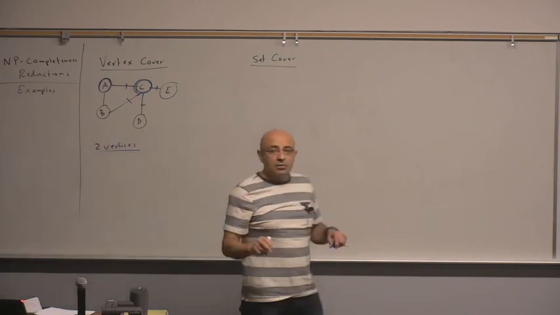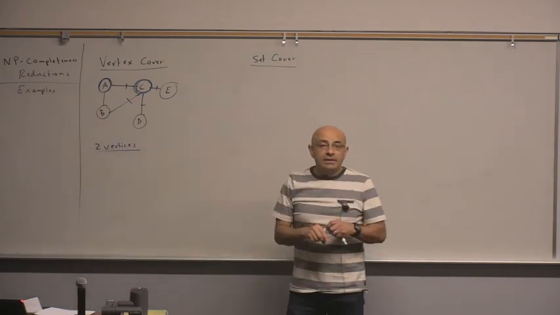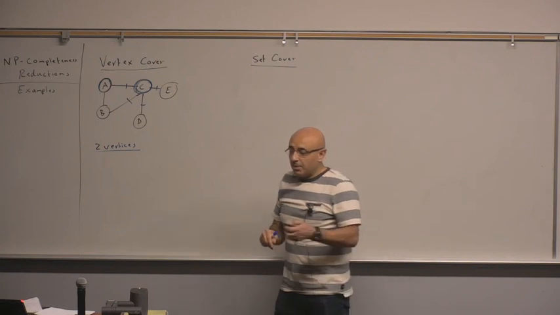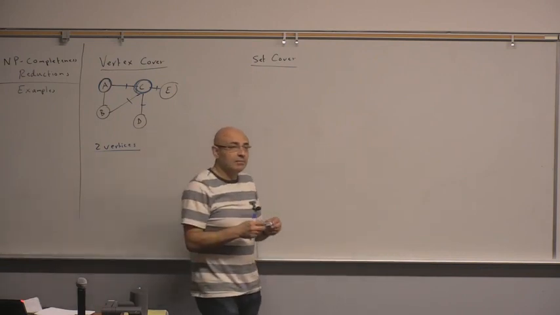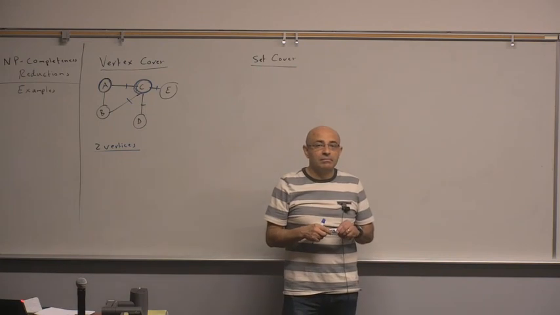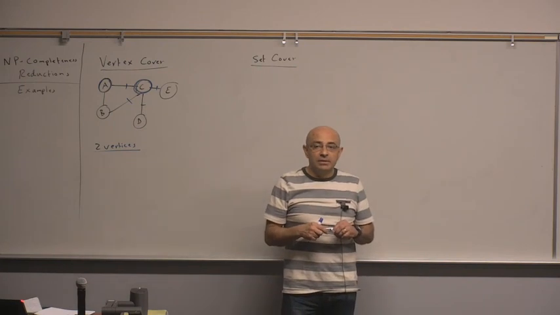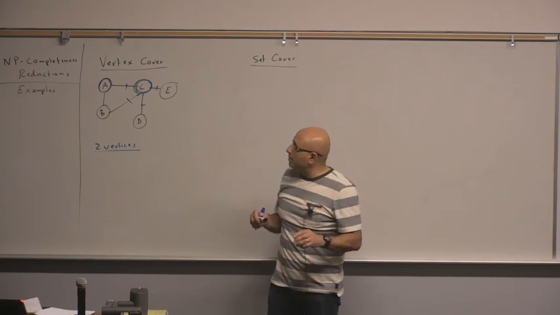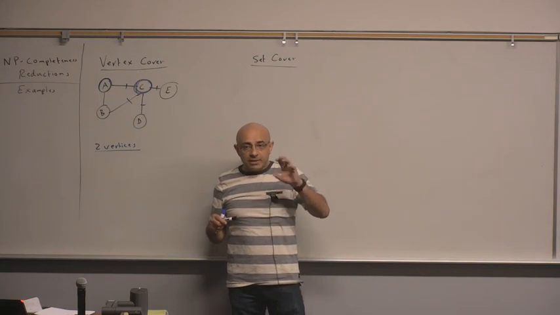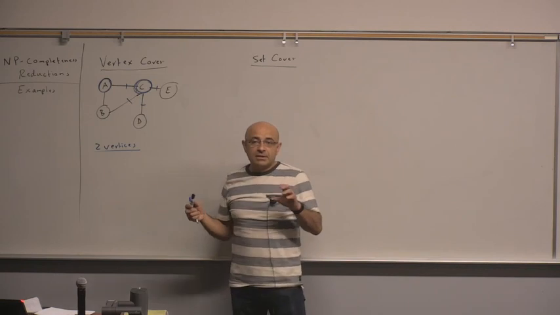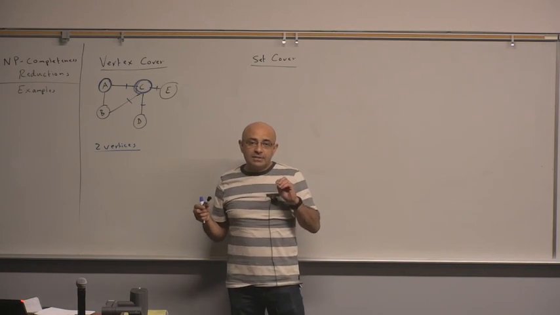Okay. Now, how do we define the decision version of the problem? How do we recast this problem as a decision problem? When we recast an optimization problem as a decision problem, we look at the quantity that we are trying to minimize. What's the quantity that we are trying to minimize here? Number of vertices.